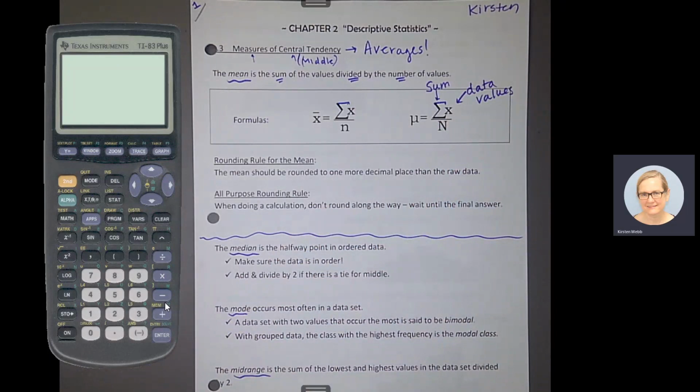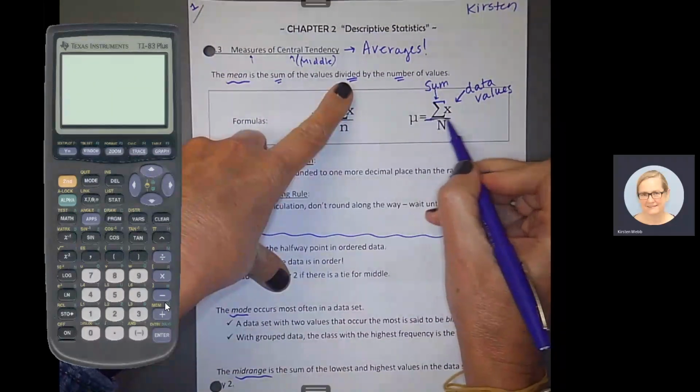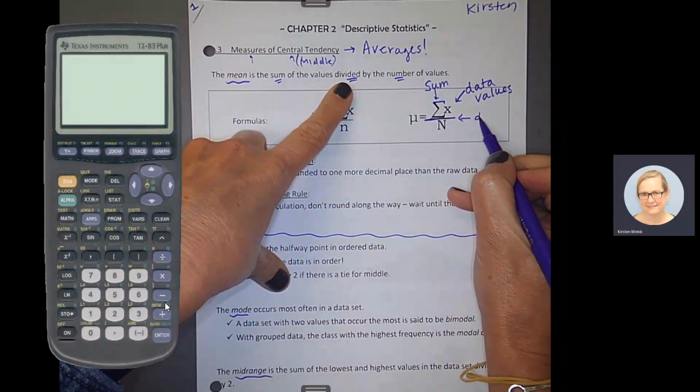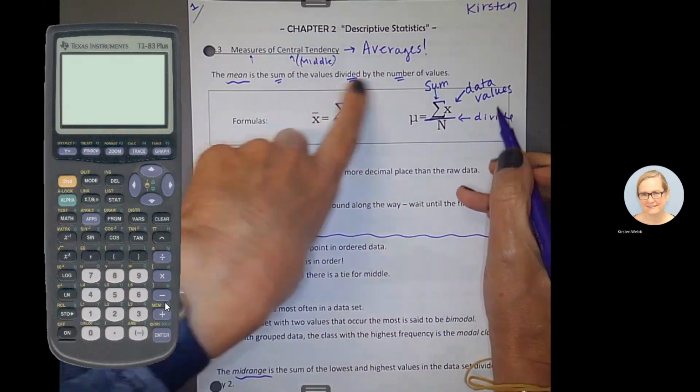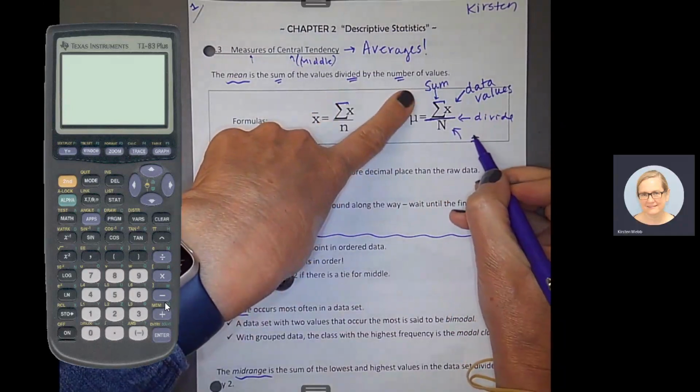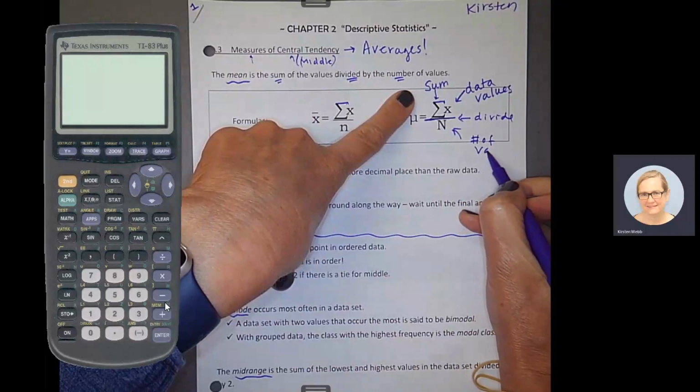So every number in a data set would fill in for that x. They'd all get added together. And then we said to divide. That's where the fraction bar comes in. Divide by the number of values. That's what the n on the bottom stands for.